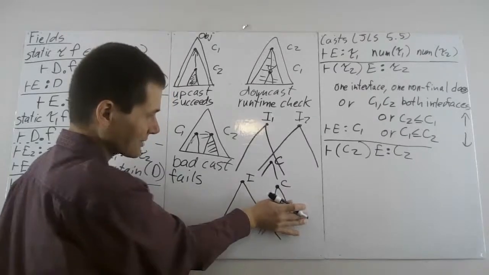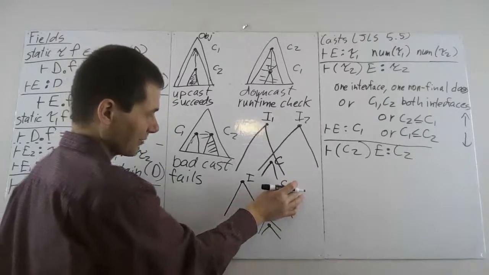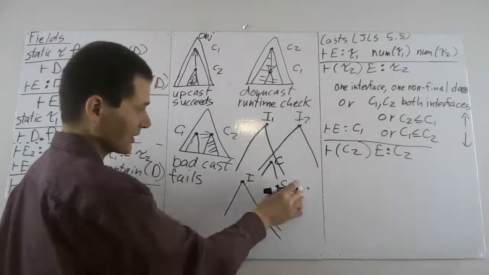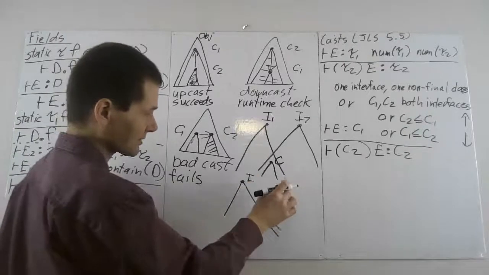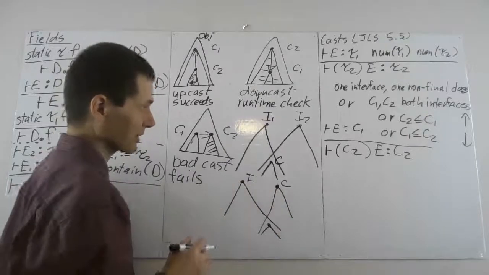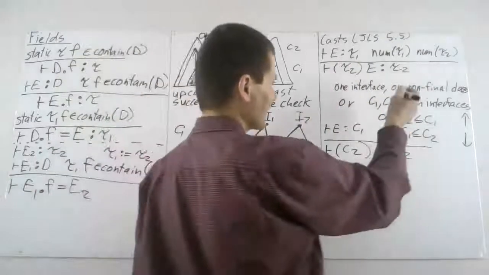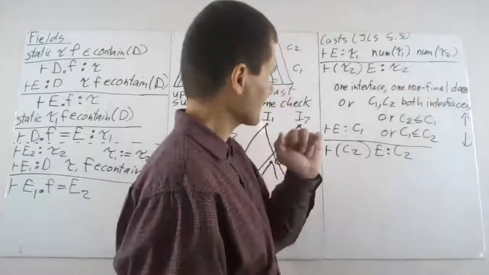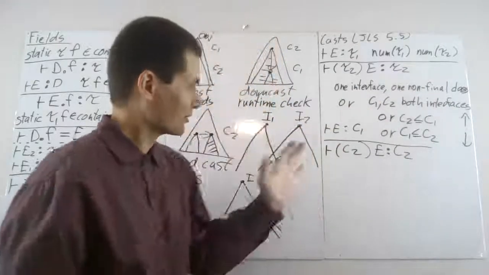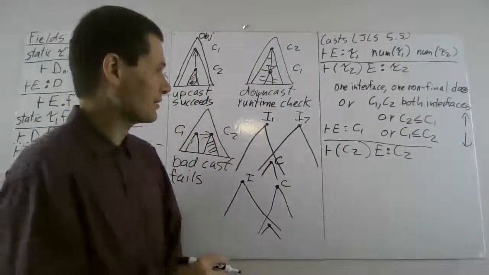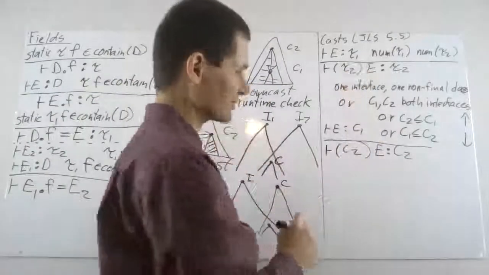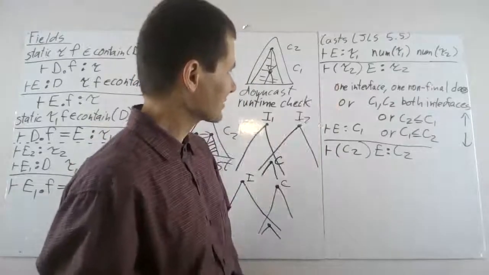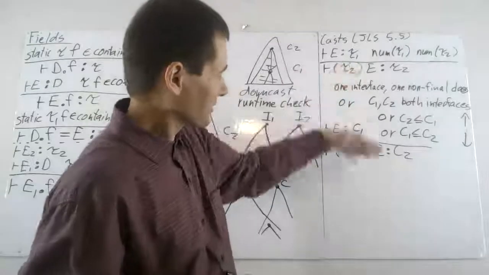There are no subclasses. And if a final class C doesn't implement the interface, then you can't subclass the final class with a class that would implement the interface. So basically, if one of C1 or C2 is a final class and the other one is an interface, then it's also allowed. These are the cases, and you can see it's somewhat subtle what the list of all the possible cases is.